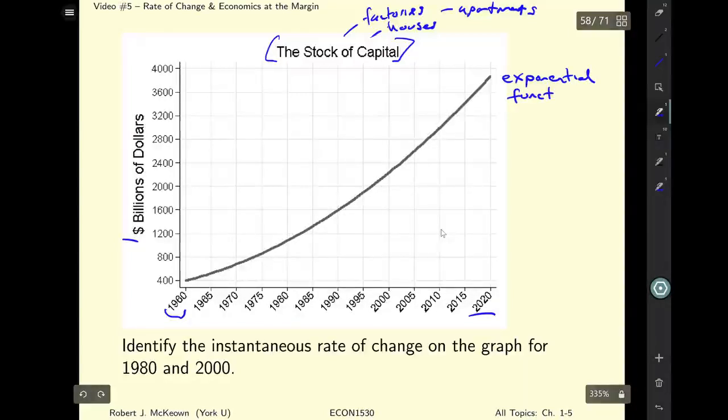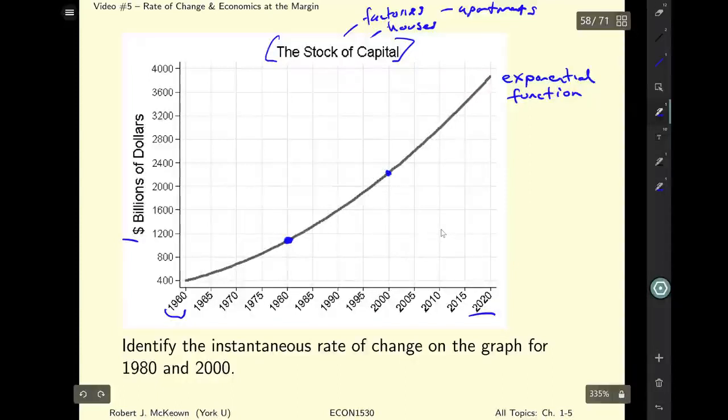And you learned about exponential functions when you learned about the natural exponential. Now the question at the bottom is saying identify the instantaneous rate of change on the graph for 1980 and 2000. So without calculus, you might say, well, I've got 2 points on this line.